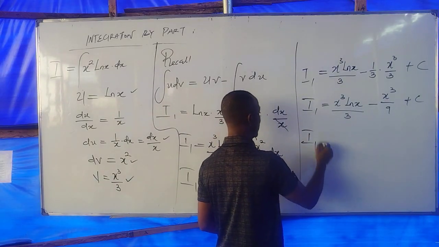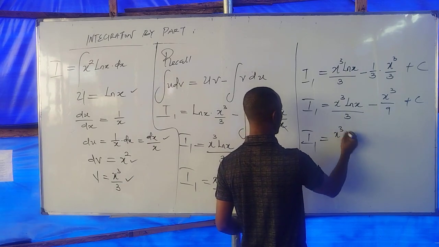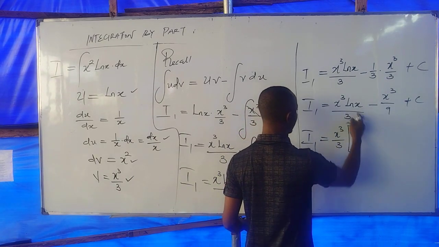So we have I1 is x cubed over 3 is common. In bracket, what's going here?